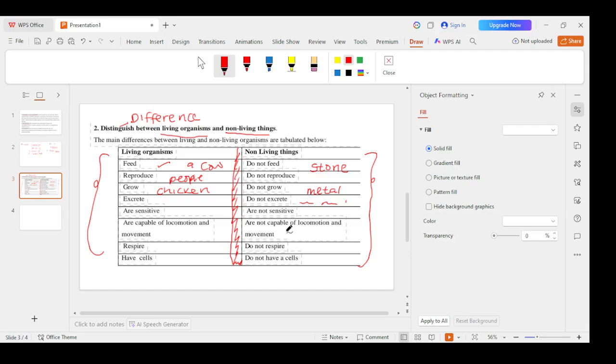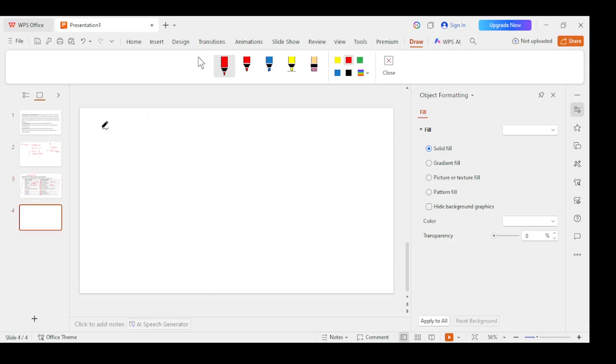Non-living things do not have a cell. So we have concluded the differences between living organisms and non-living organisms.